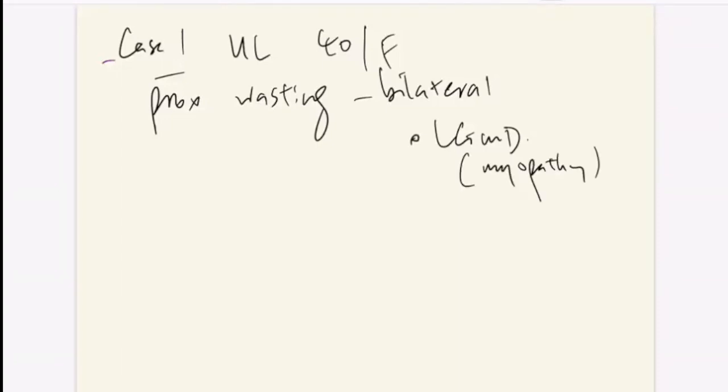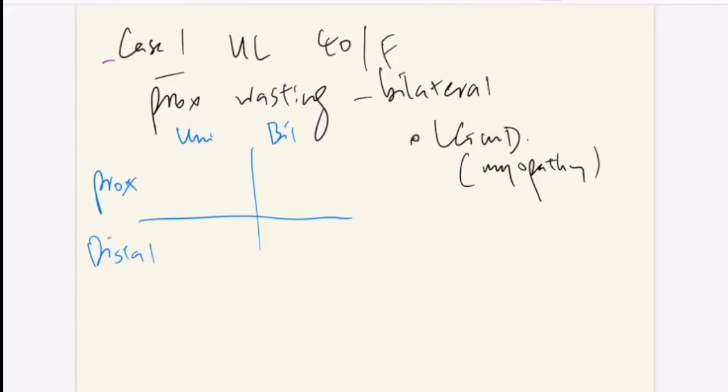So when someone has bilateral wasting in the proximal muscles, then we classify them into the bilateral proximal category, okay? Remember, just now we divided upper motor and lower motor neuron lesions into unilateral and bilateral. And we also divided them into proximal and distal.